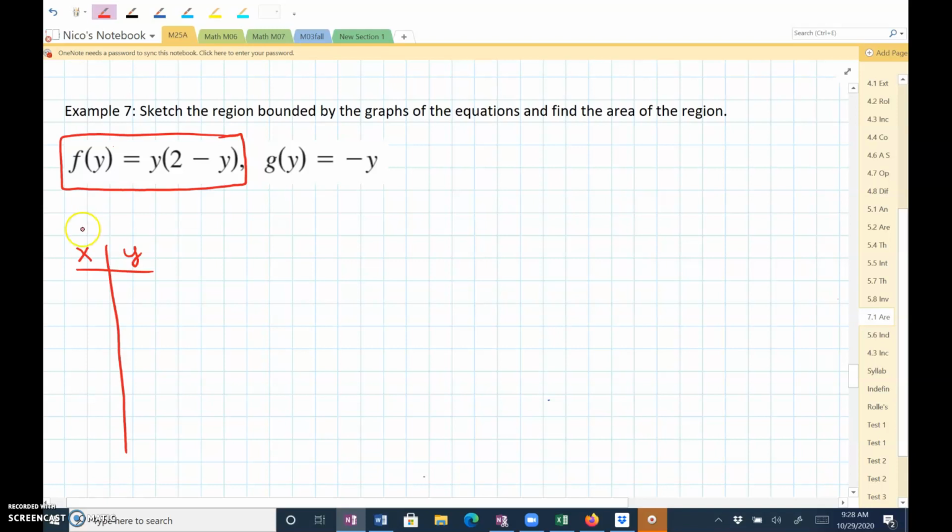This x is actually f of y. So I'm going to start by plugging in y values and see what the output would be. I'm going to start with 0. If I plug 0 into this, I'm going to get 0.